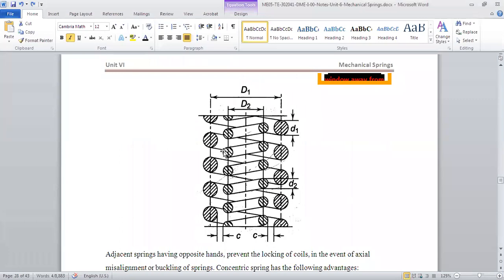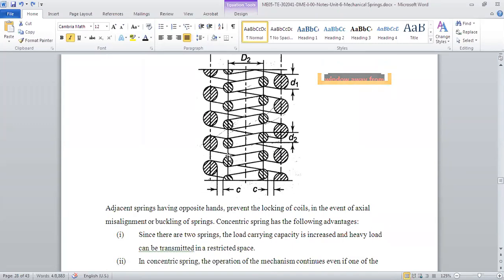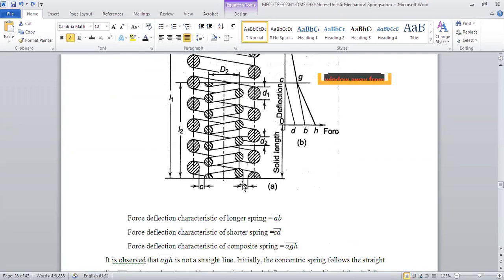If we want uniform stiffness but more load, then we'll keep both the springs of equal length. But if we want a variable stiffness, like stiffness of one value up to a certain load, and after that load another stiffness, that time we will have a spring like this.